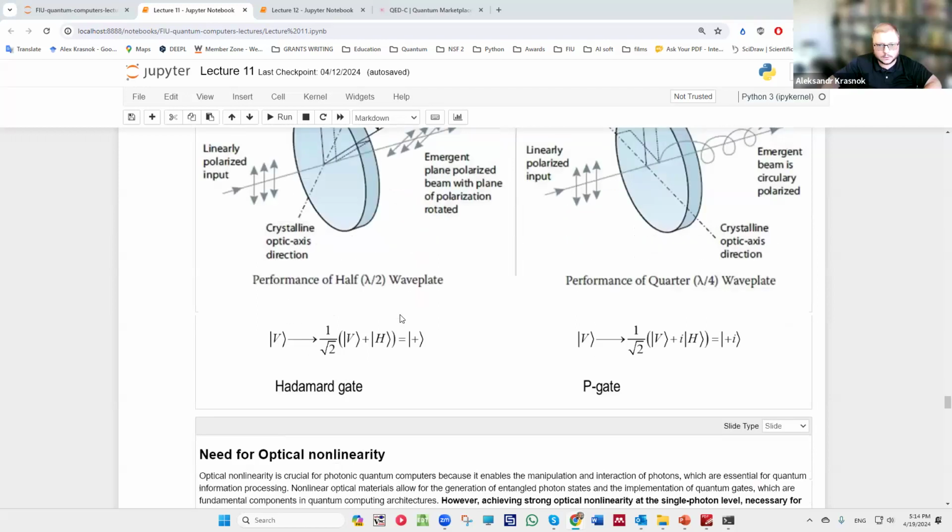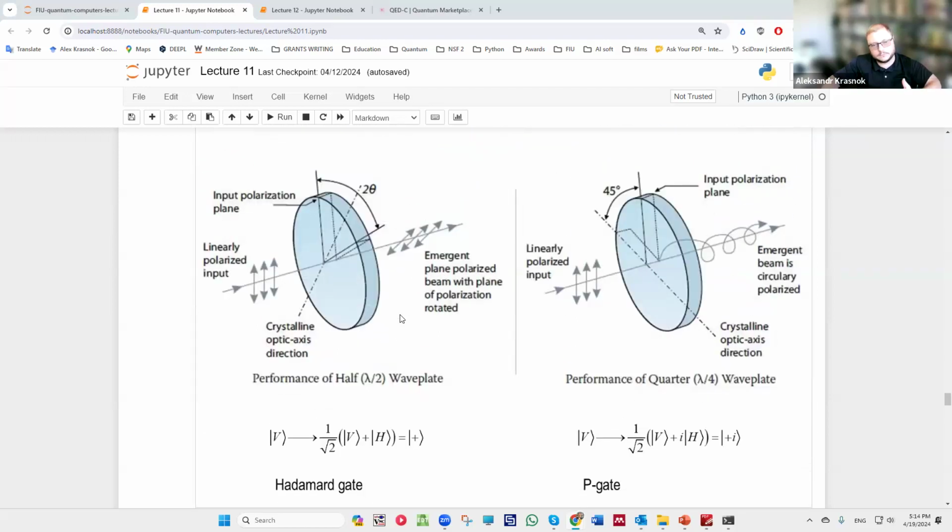So in this sense, optical quantum computing is great because light propagates at the speed of light, right? The fastest speed in nature.